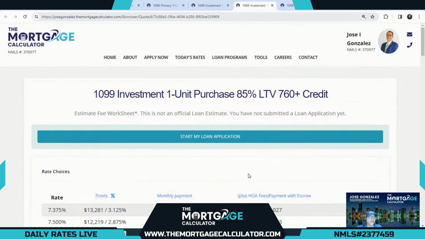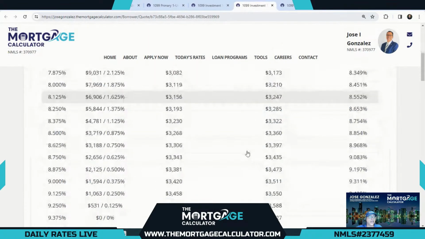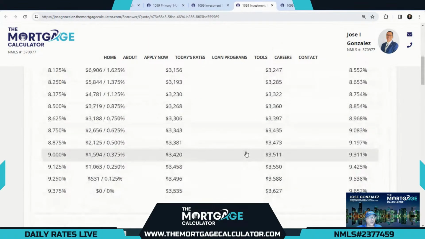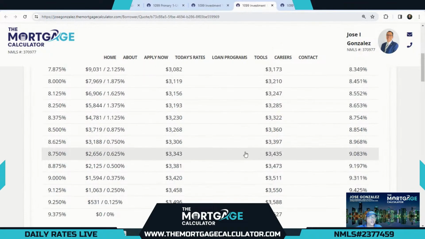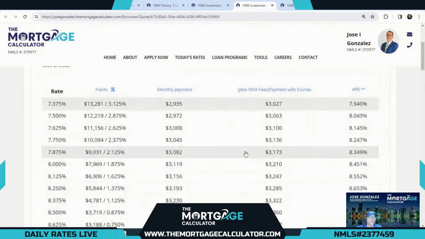85% is our maximum loan to value investment 1099 purchase. And here you're looking at 9.375% is at par. And look at that. Wow. You can buy that down all the way to 7.375%. Wow.